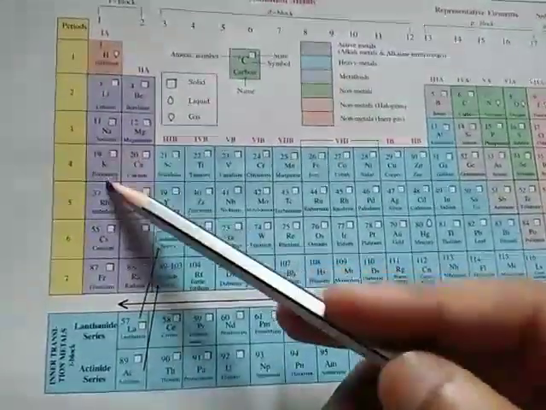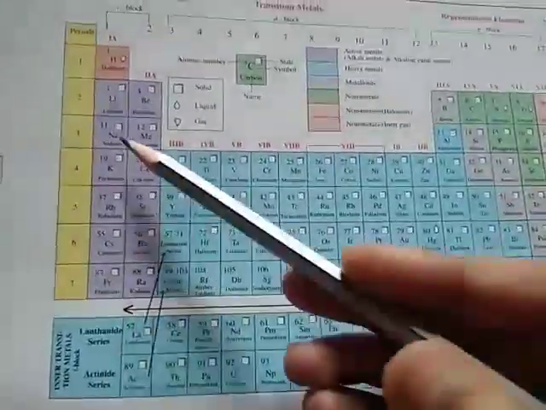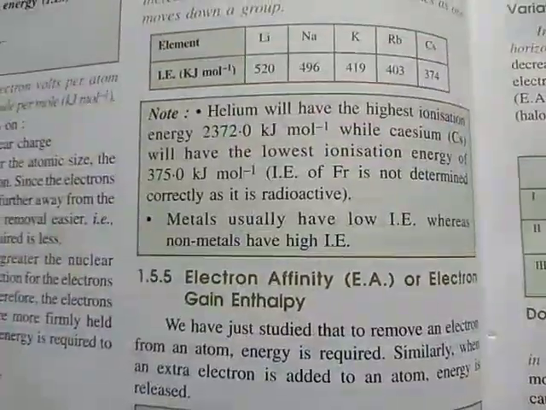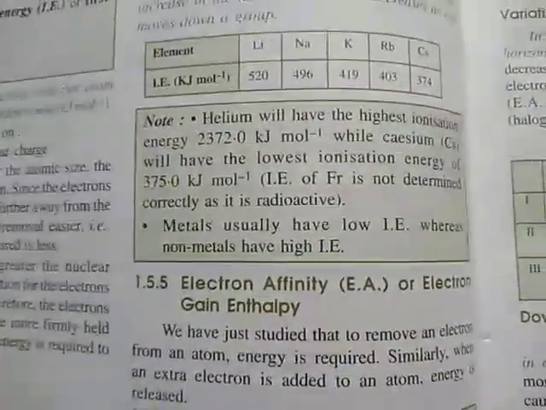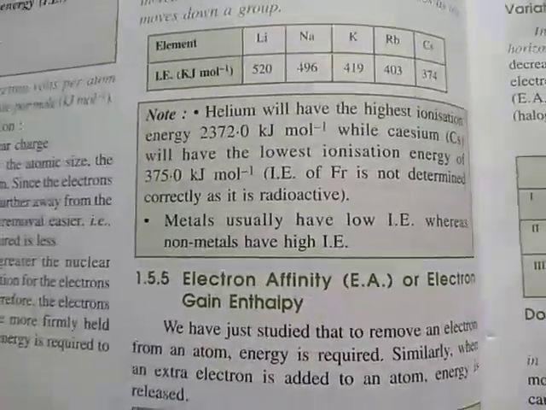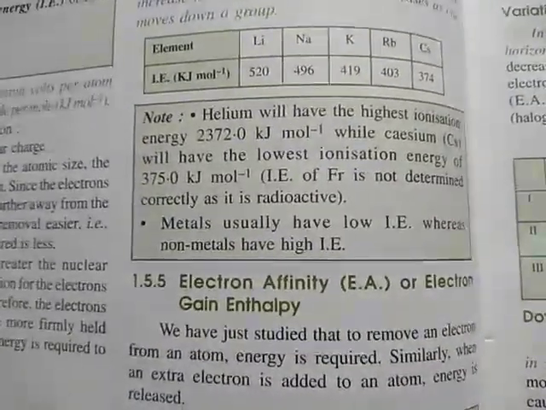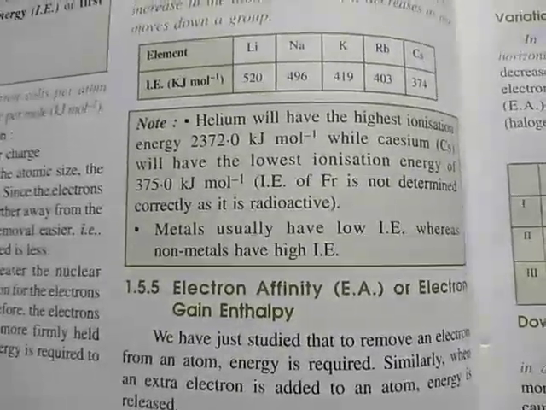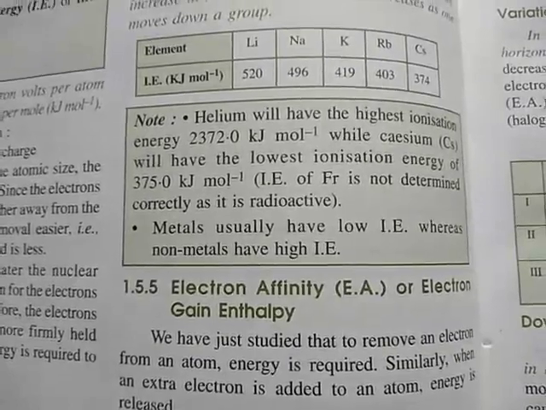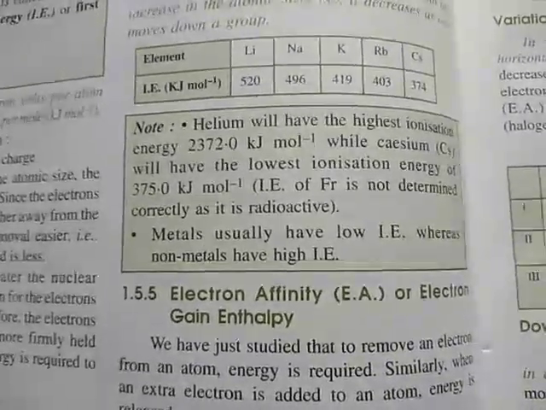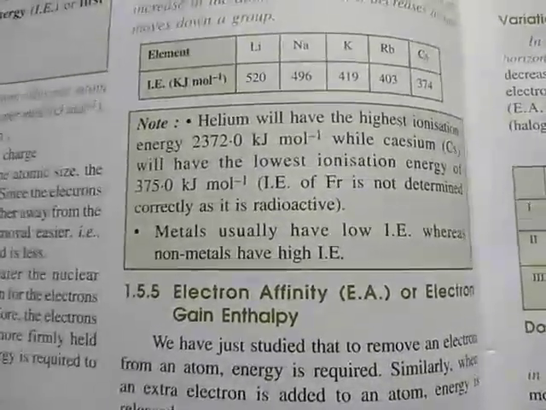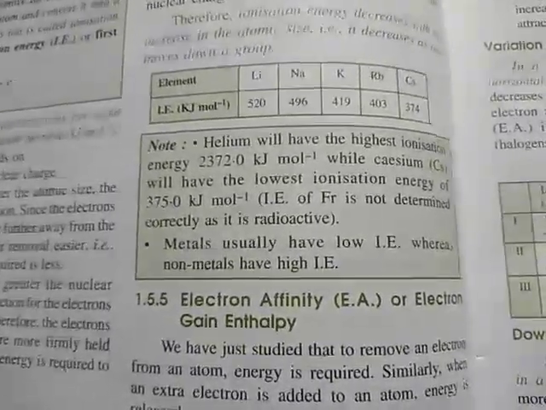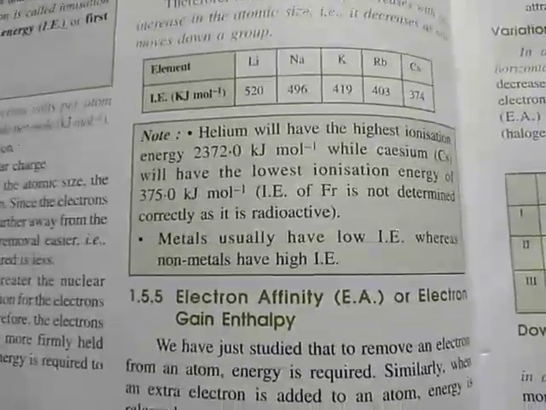So it will be easy to take the electron out. So down the group the ionization enthalpy decreases. In the whole periodic table, helium has the highest ionization energy, while cesium has the lowest ionization energy. Although the expected answer is francium, it is radioactive and we don't know much about its chemistry, so cesium is the final answer for the lowest ionization energy.